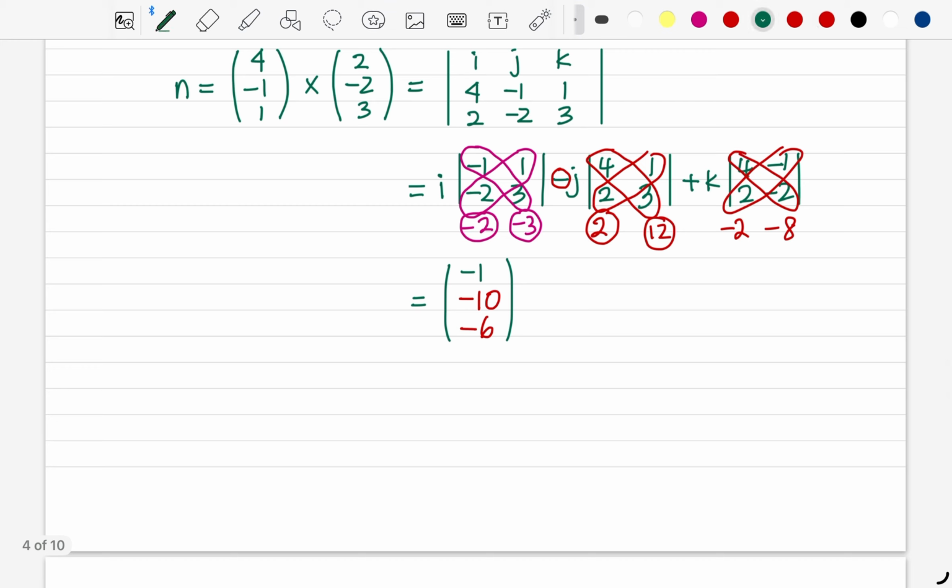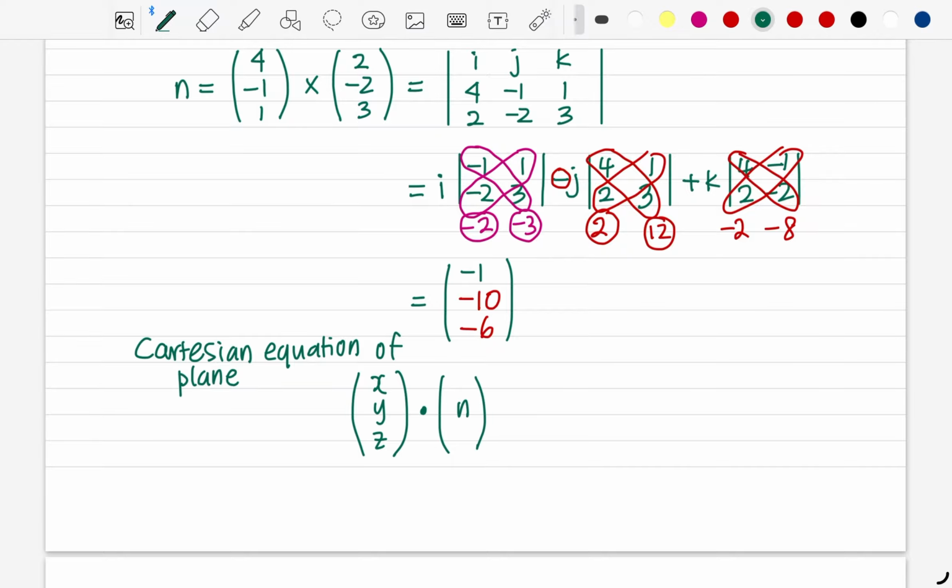So in order to find the equation of the plane using the normal, which we call the Cartesian equation or the Cartesian form of a plane, we have (x, y, z) dot the normal equals a fixed point dot the normal.